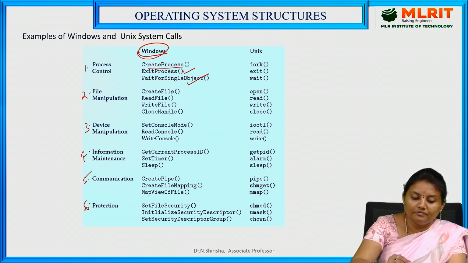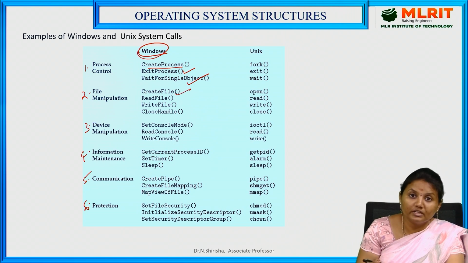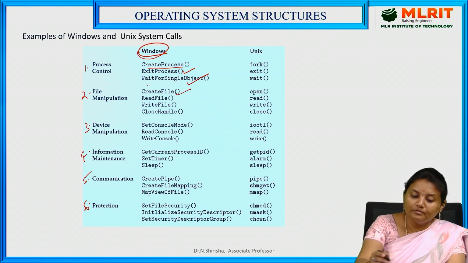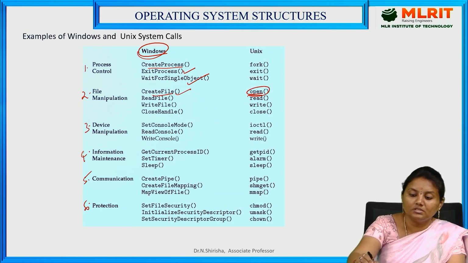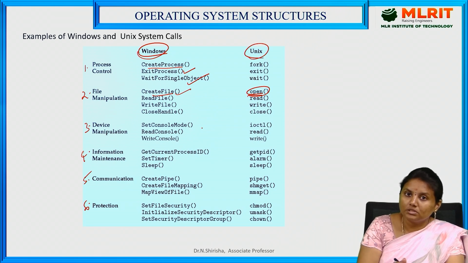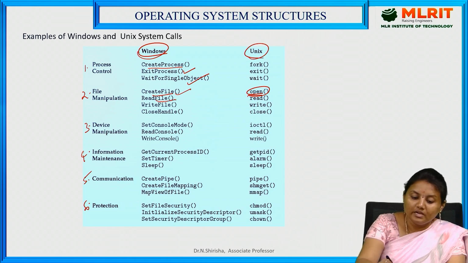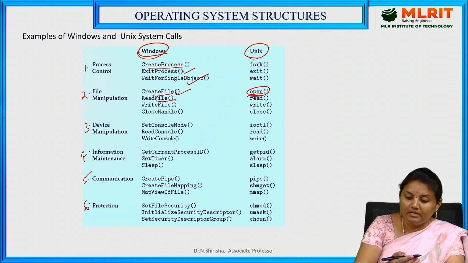Similarly, when coming to file manipulation, we have the create file system call for creation of the file. If you see, this varies. Here you are using create file, here we are using open, because this is a Unix operating system. So from Unix to Windows, the system calls will vary. Similarly, read file is used to read the file, and here the read system call is used simply.